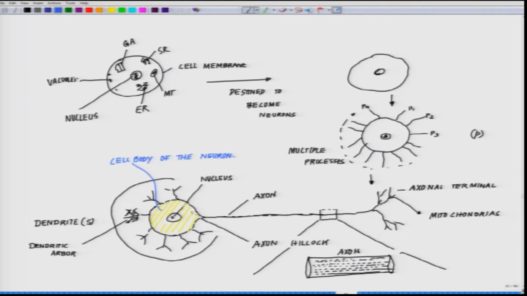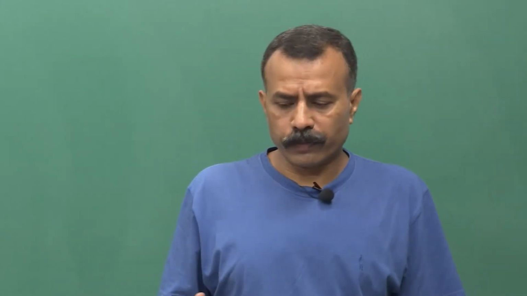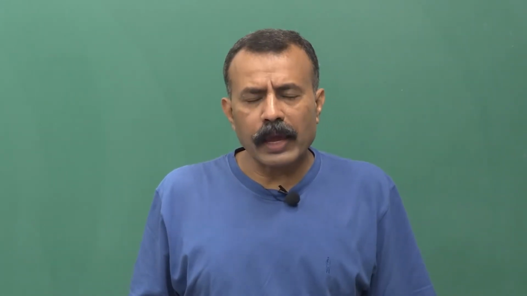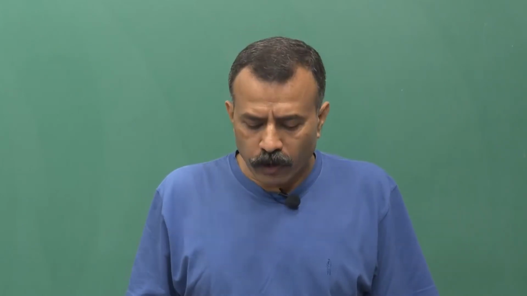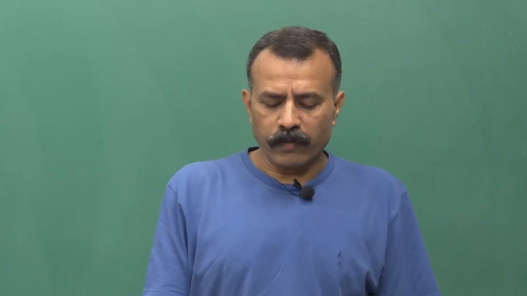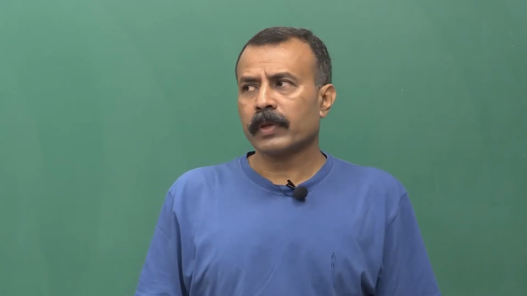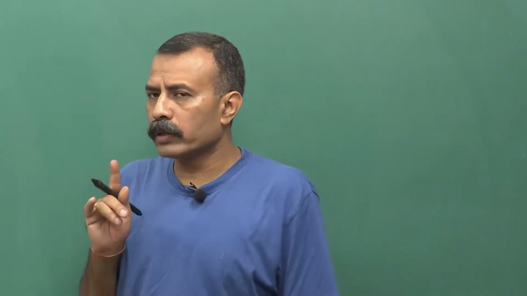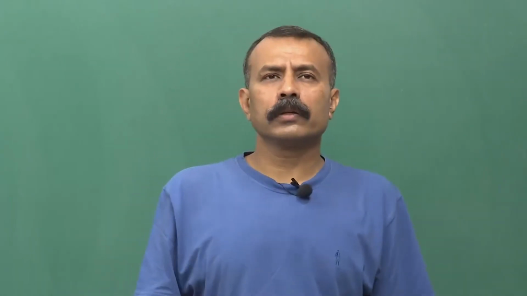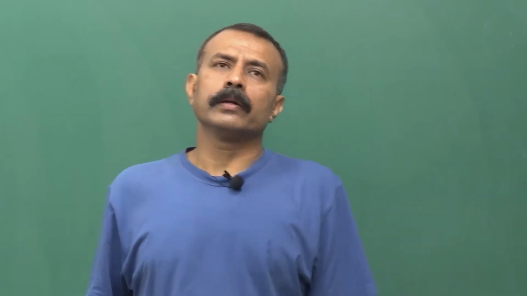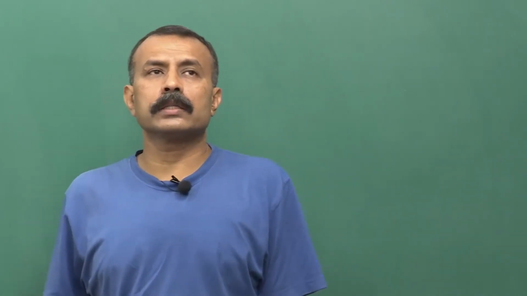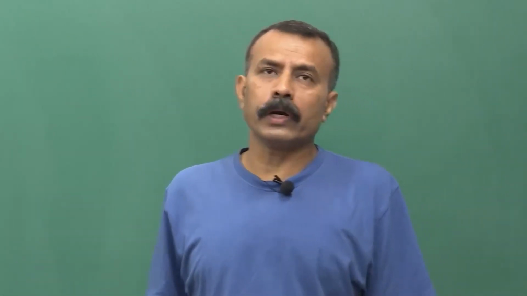Now, this is the classic architecture of a neuron. There are n number of variations of it. There are neurons that have very few dendritic arbors. There are neurons which do not have an axon. There are neurons where the dendritic tree is more prominent than the axon.